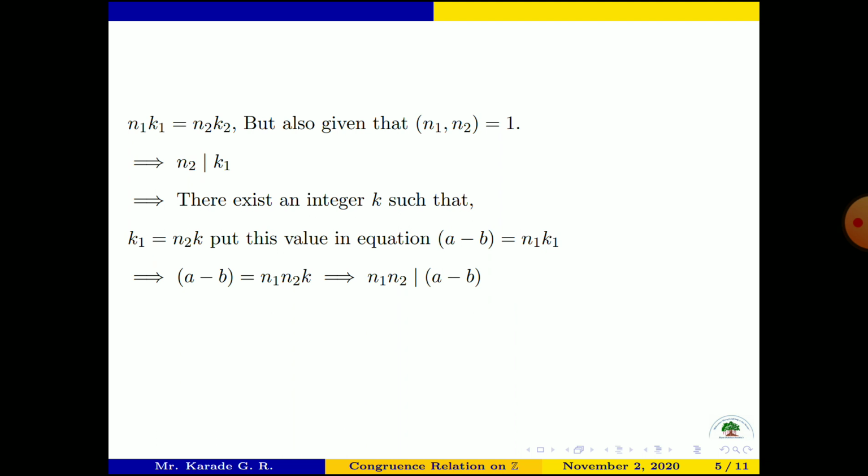This implies that n1 n2 divides A minus B. And therefore by definition of congruence relation, we can write A is congruent to B mod n1 into n2, and that is the required result.